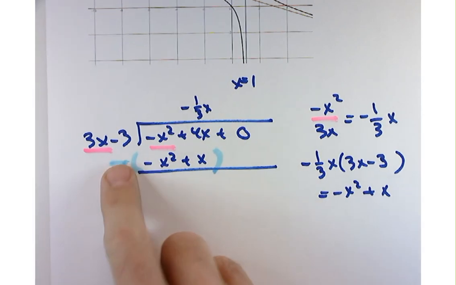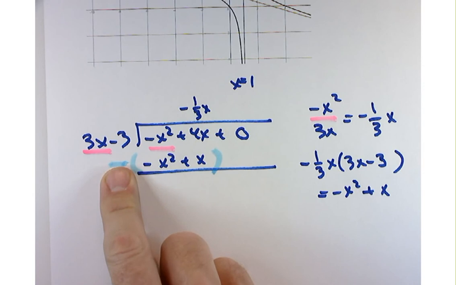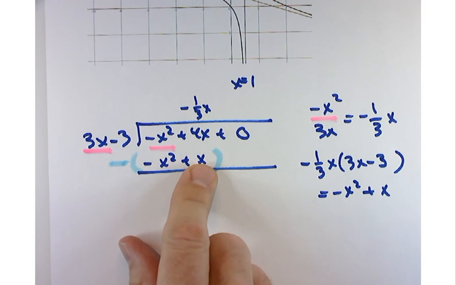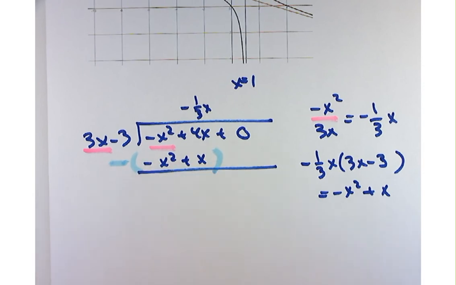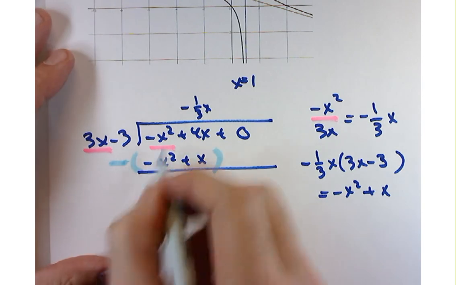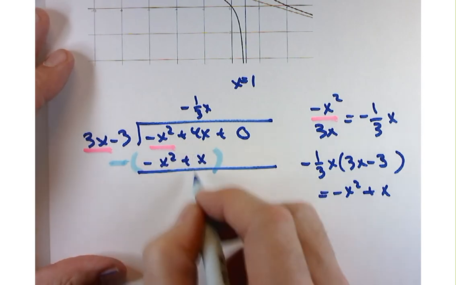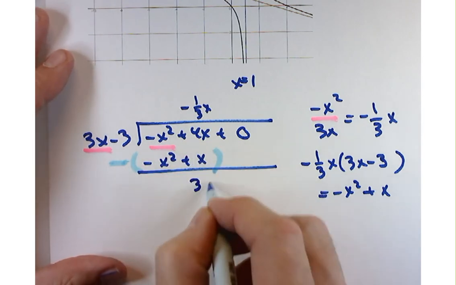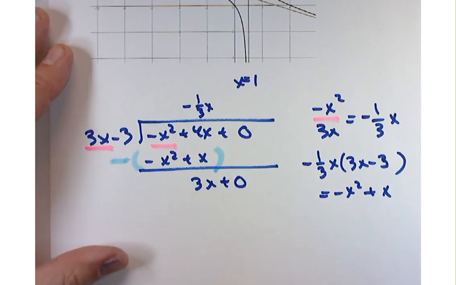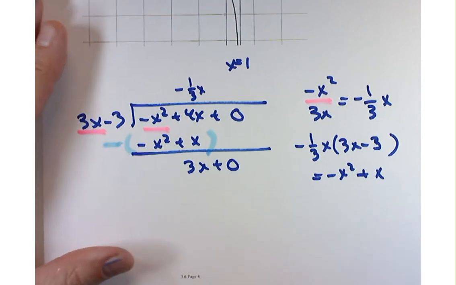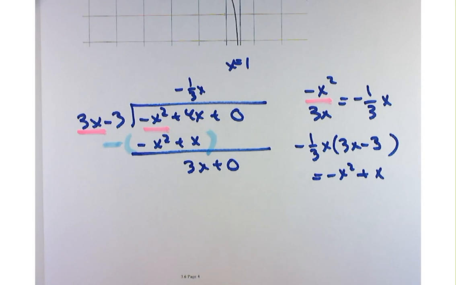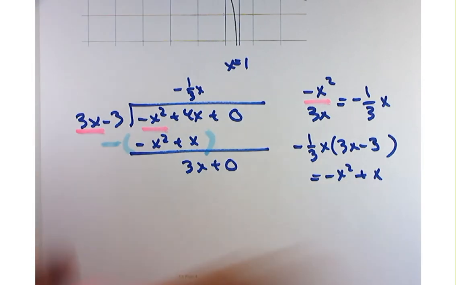When you subtract, you're going to change the signs and add. So, okay, that becomes a plus, those will cancel, that becomes a minus, and then I'll get a 3x plus 0. And then this process starts again. Except this time it's going to be a little bit easier, and there's more good news.